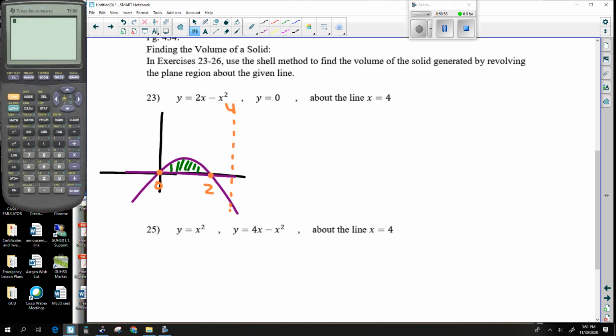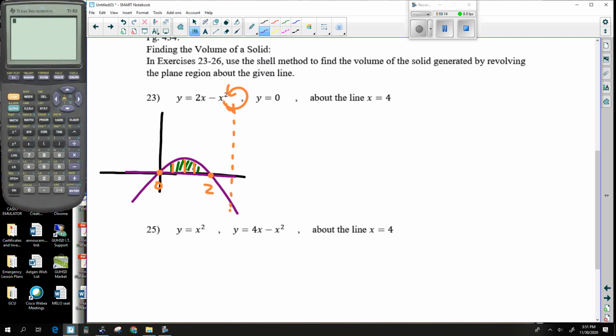Okay, so we are integrating this way. This is the easiest way, obviously, and so we would like to do it dx. However, they want it around a vertical line, so that's fine. We'll just change. Okay, we'll be fine.